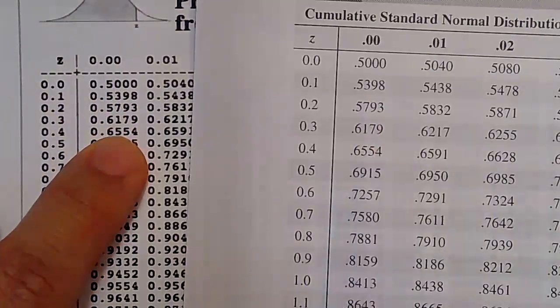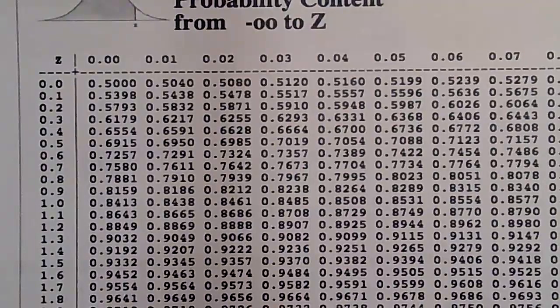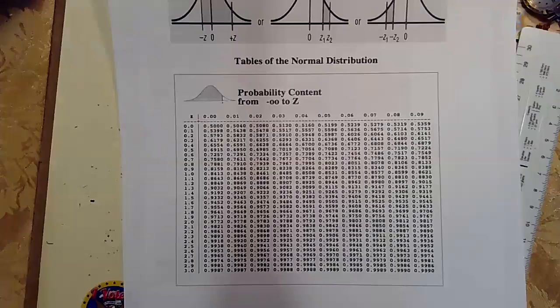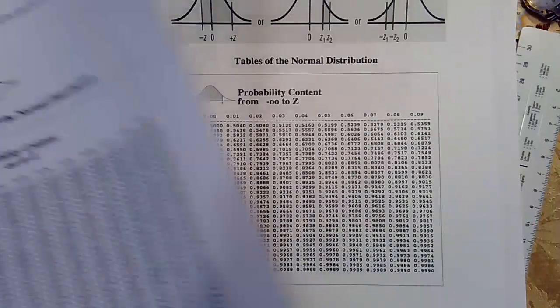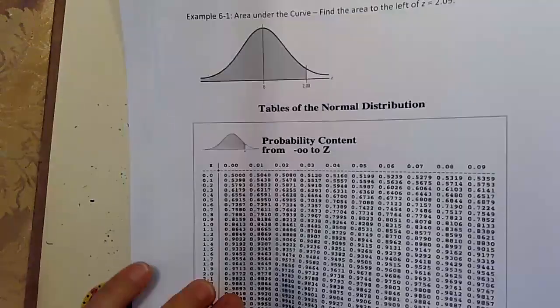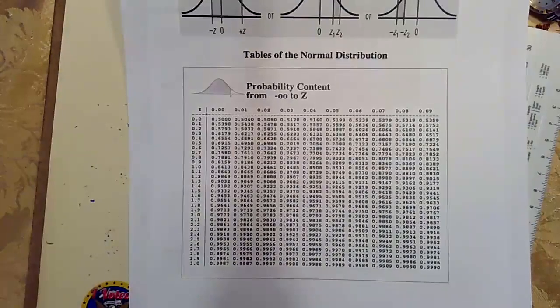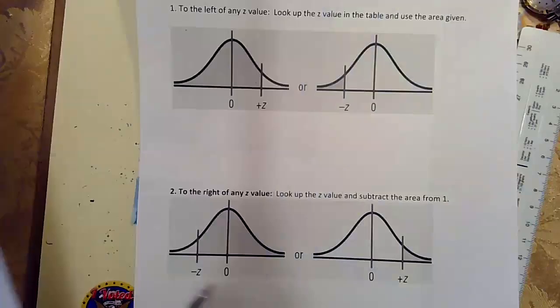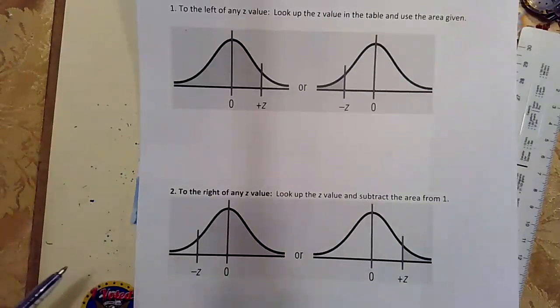It's nice how they condense the whole table on the sheet, but it would have been nice if they had put the positive and the negative, so that you'd have another resource for both. But that's fine. You got the positive in there.